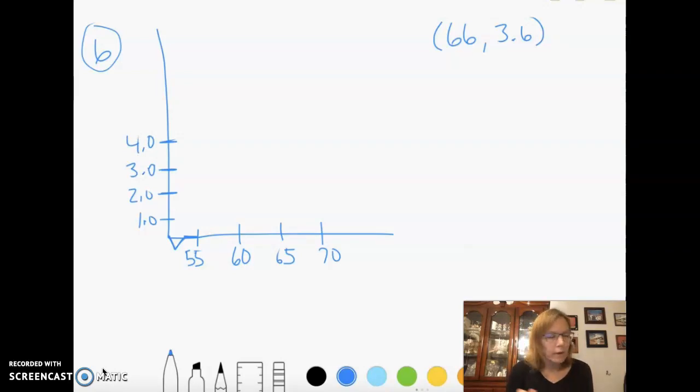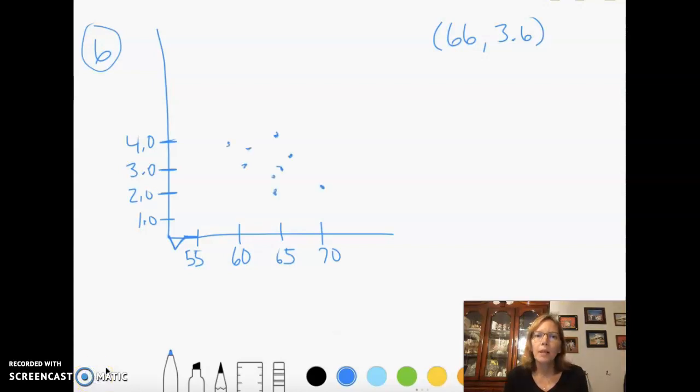All right, so my first ordered pair is 66. So I'm going to go over here to about where 66 is, and then up to 3.6. So there's my first dot. And I'm just going to keep plotting the rest of my points. So you do the same.